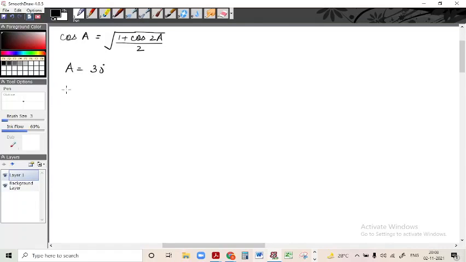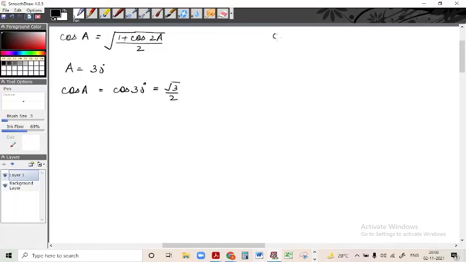So cos of A, that is cos of 30 degrees, will become root 3 by 2, as we learned last day. Let me write down those values again.